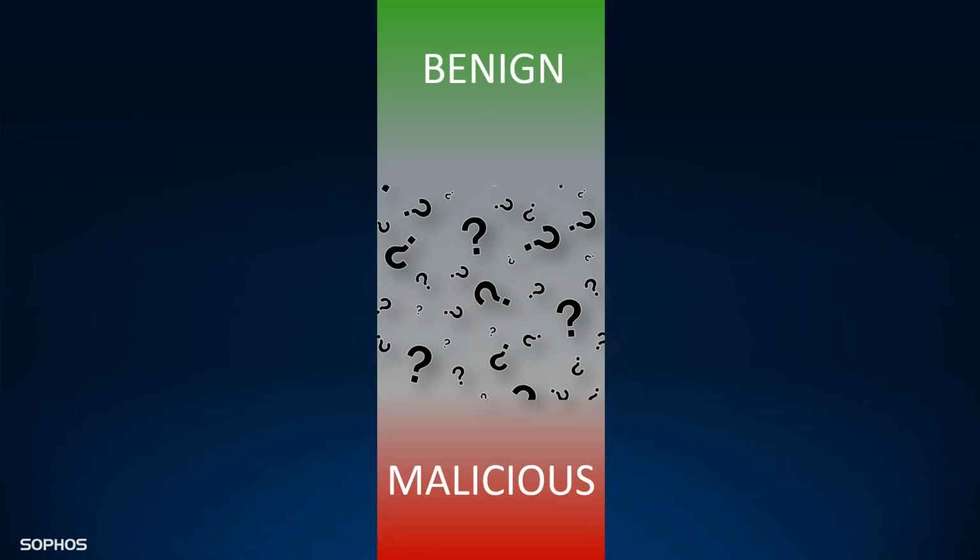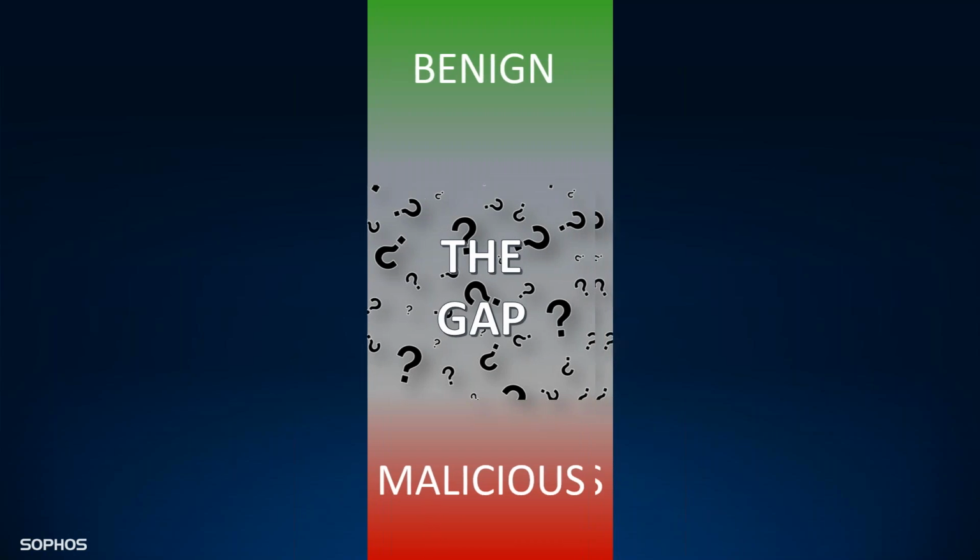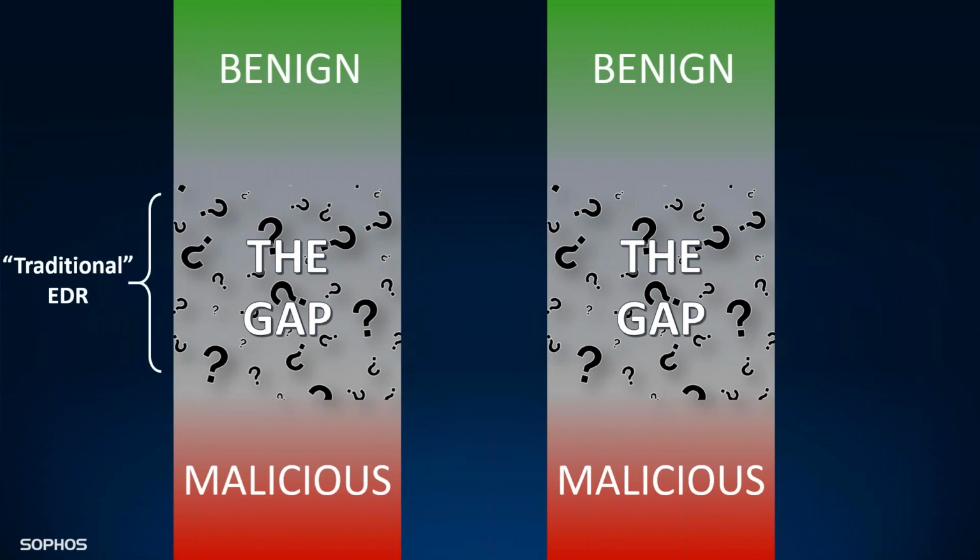How we do that is, when we look at endpoint protection and EDR systems, there is benign information that we know is not malicious. At the bottom, we have stuff that we know is malicious for sure. And in the middle, we have what we call the gray area, referred to as the gap. Traditional endpoint or traditional EDR products look at that big gray area called the gap.